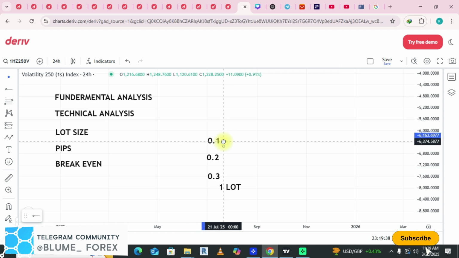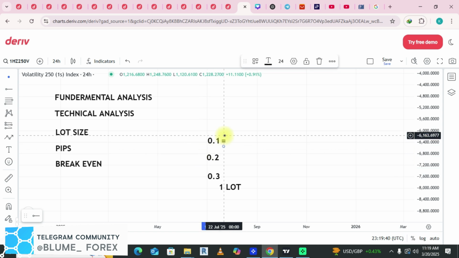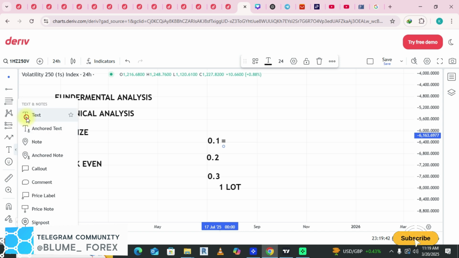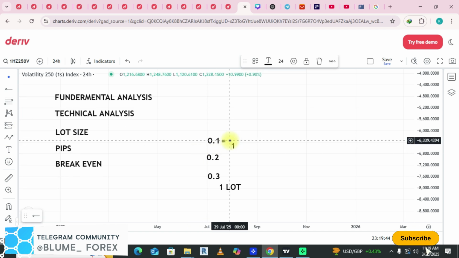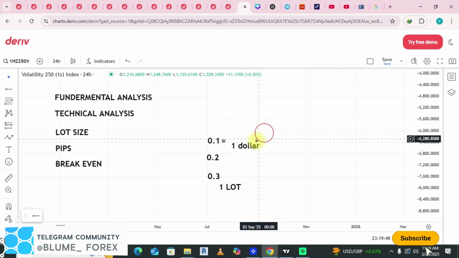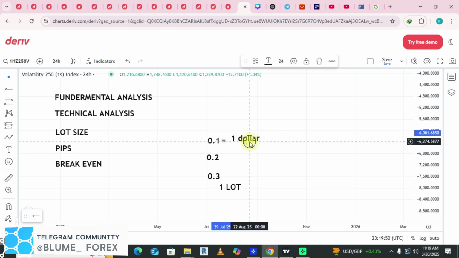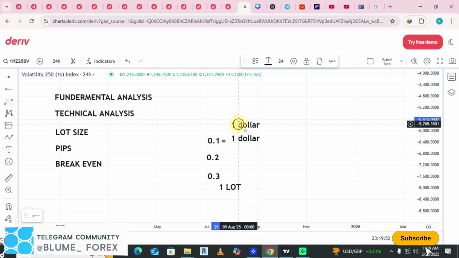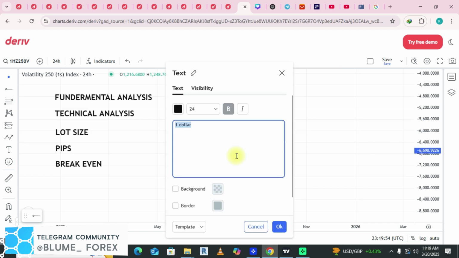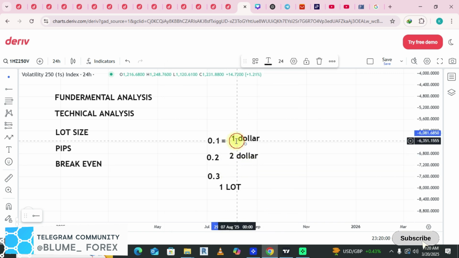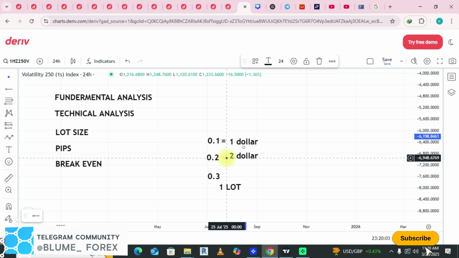So with 0.1, every pip is worth $1. And with 0.2, every pip is worth $2. As for 0.3, every pip is worth $3, and so on and so on.